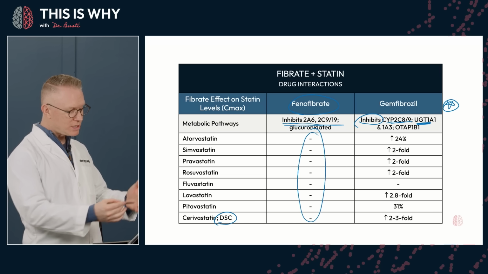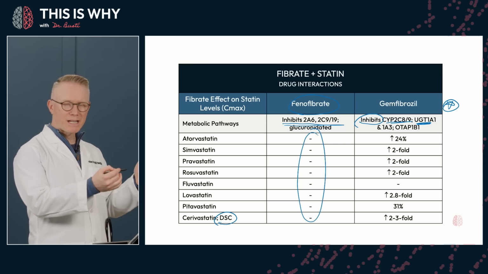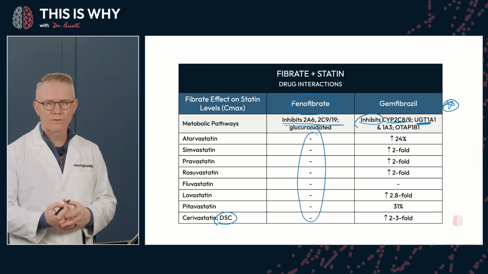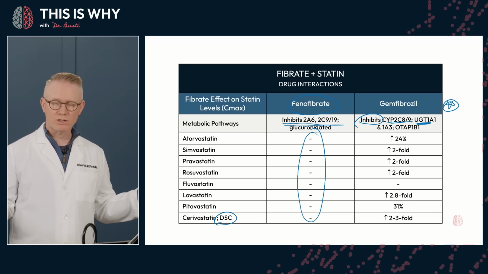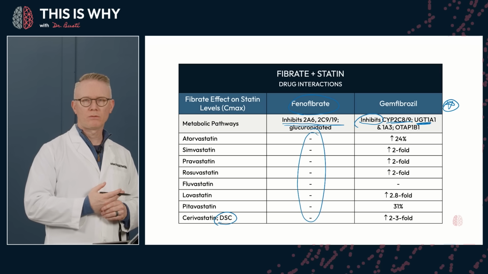With each of the statins, for the most part, there is a decent increase in the concentrations or area under the curve that exposes patients to that concentration, and that leads to the side effects.